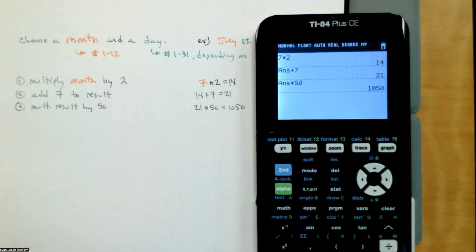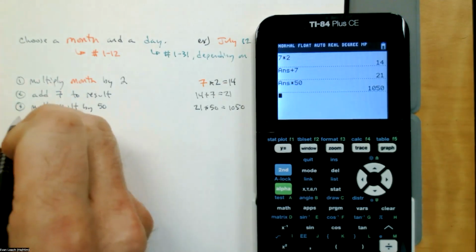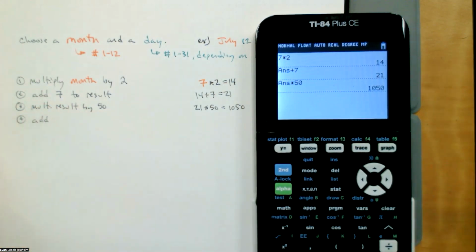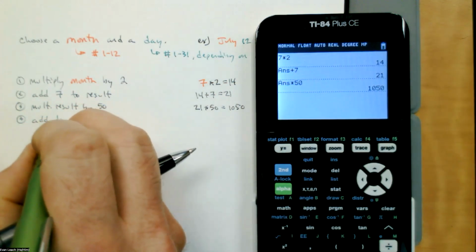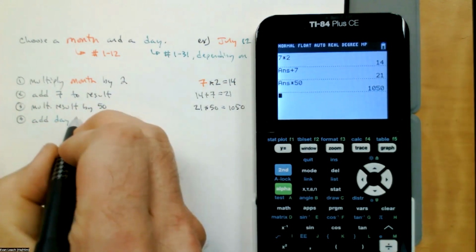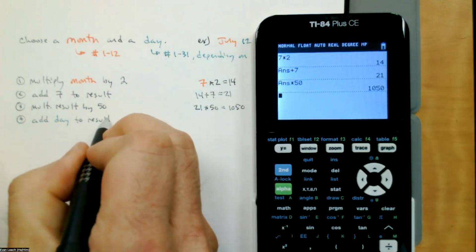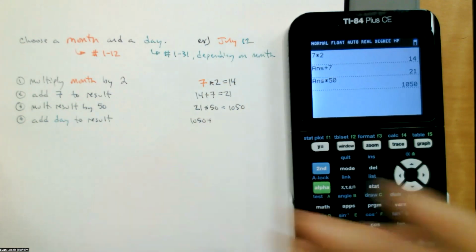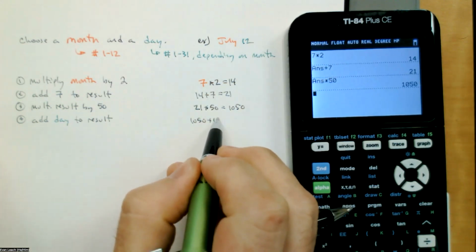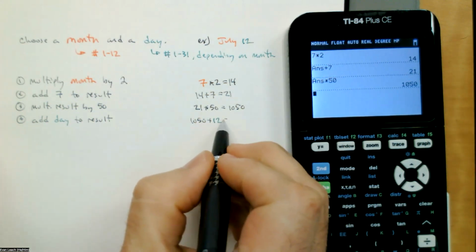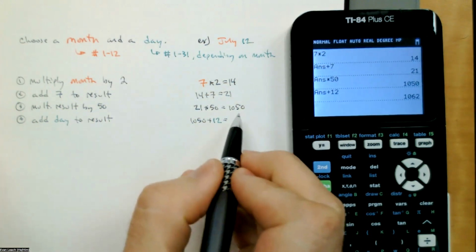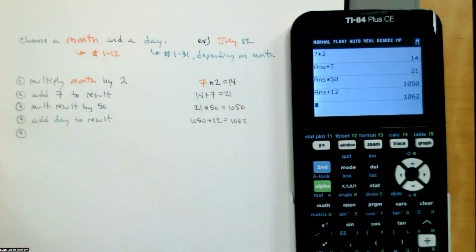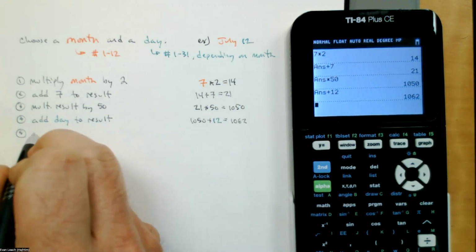Step 4, add the day. Whatever you picked for the day, add that to the result. And step 5, subtract 365.